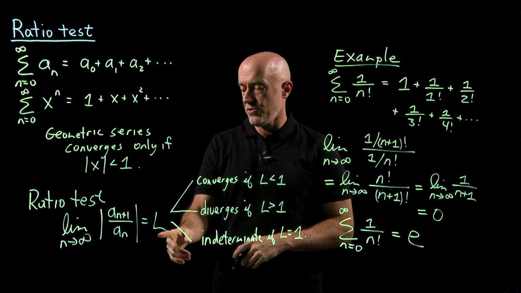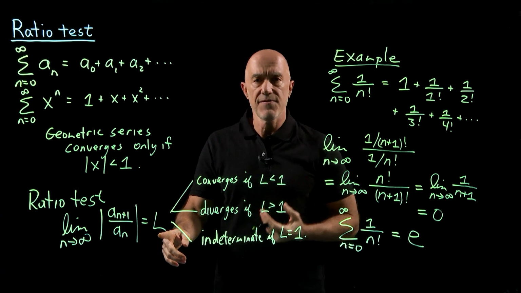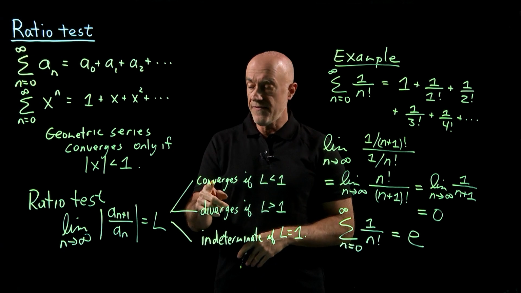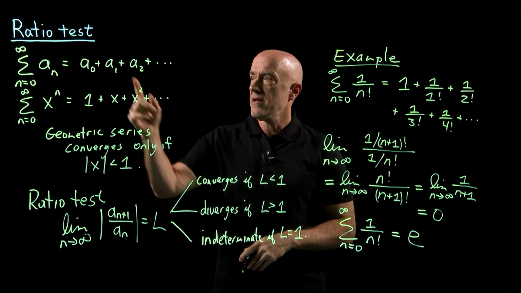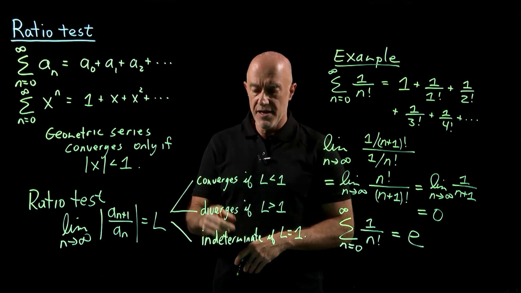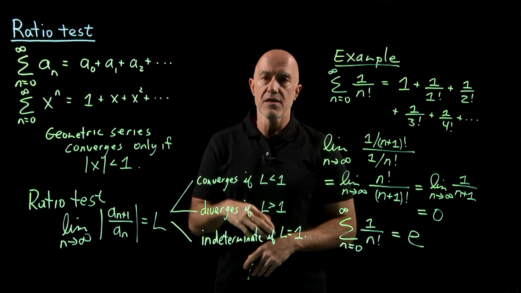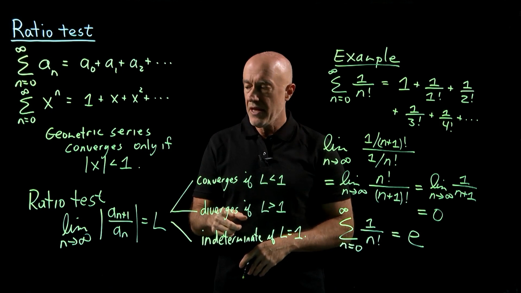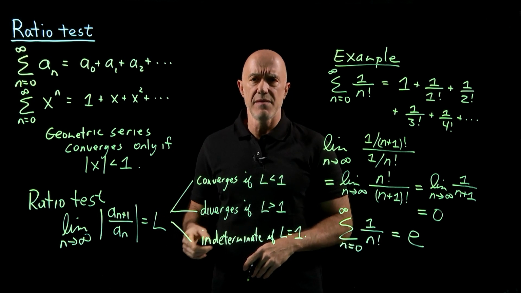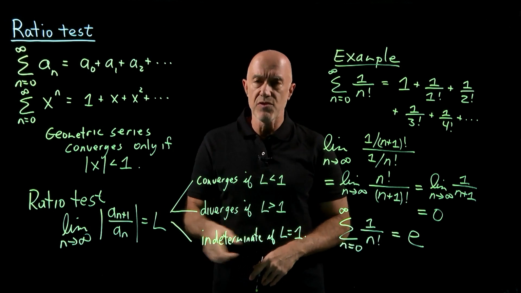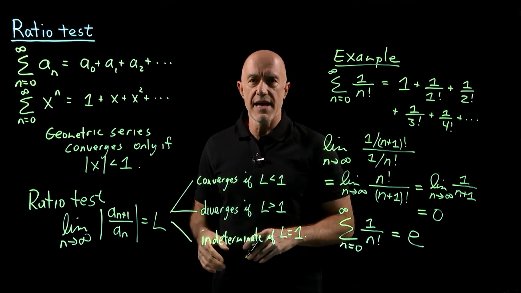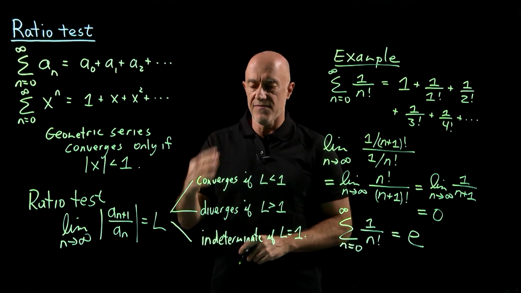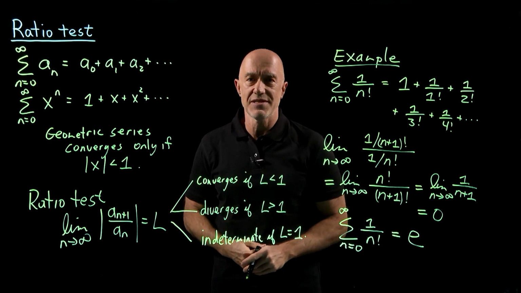It converges to L. It could be infinite, but let's just call it L for here. So if L is less than 1, the original series converges. If L is greater than 1, including infinity, the original series diverges. And then we have this pesky boundary case, L equals 1, where the ratio test actually fails, and you can't tell whether the series converges or diverges.